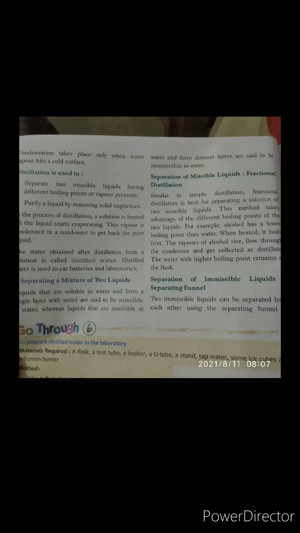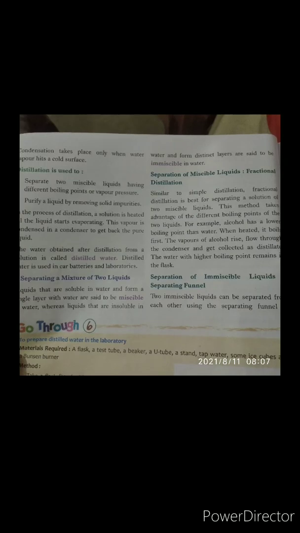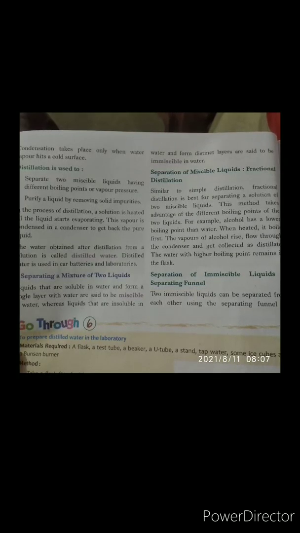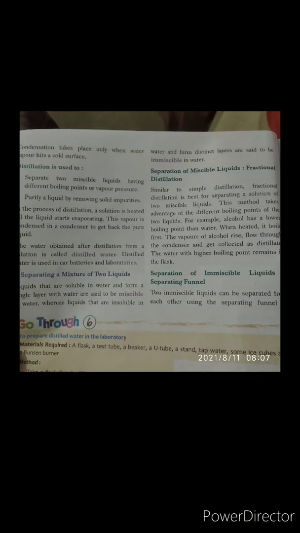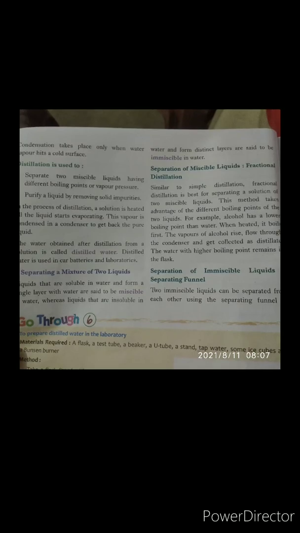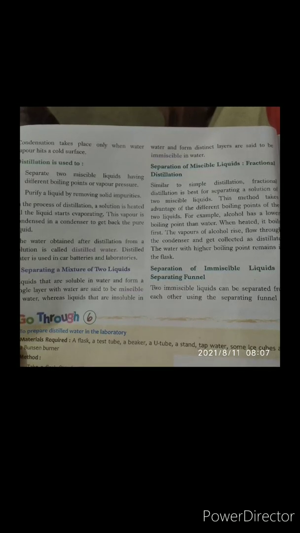Then when we heat it, it boils first. The vapors of alcohol rise, flow through the condenser and get collected as distillate. The water with a higher boiling point remains in the flask.